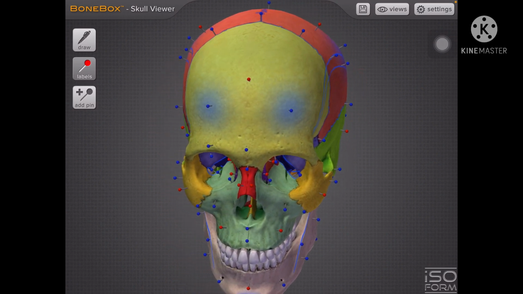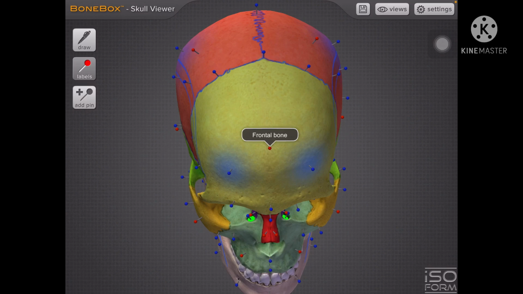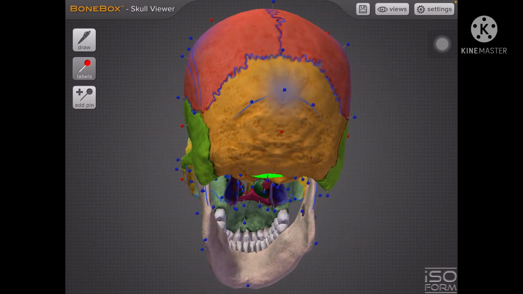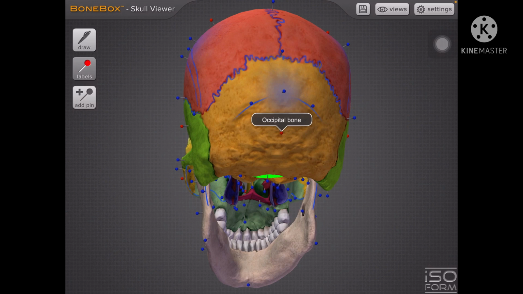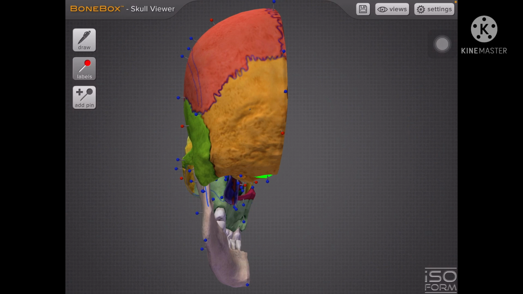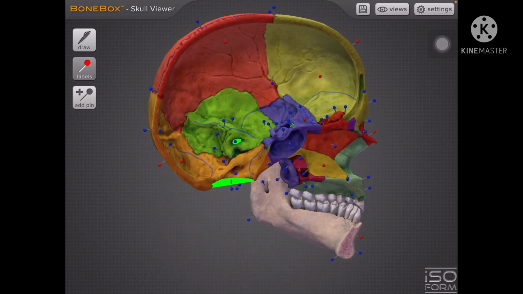Next, the unpaired bones of the cranium. The unpaired bones of the cranium are the frontal bone and the occipital bone. Here is your occipital bone. Next, let's change the view. In this view we can see the remaining 2 bones. They are the sphenoidal bone and the ethmoidal bone.